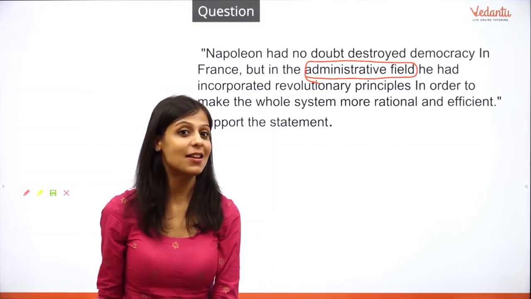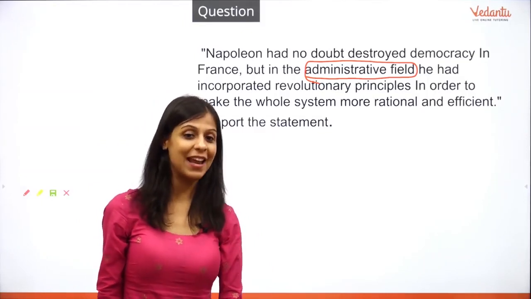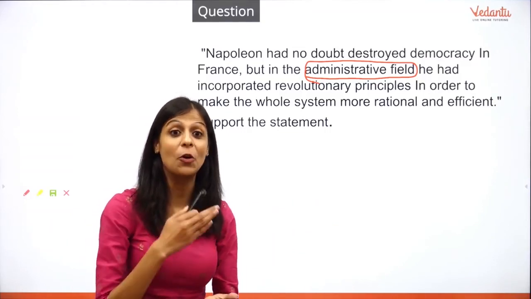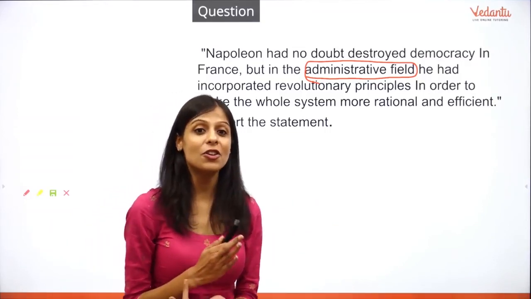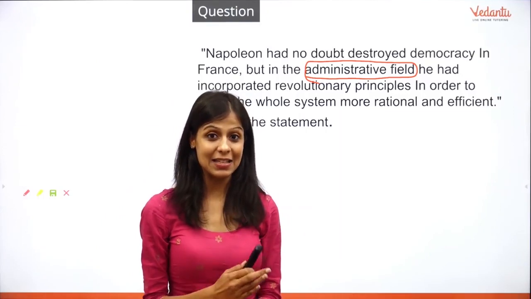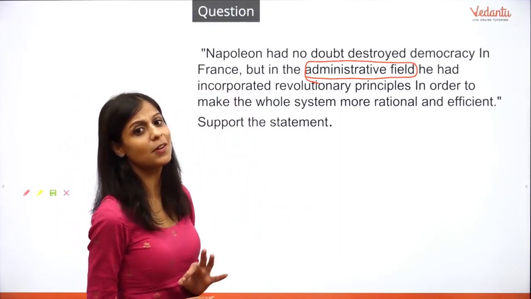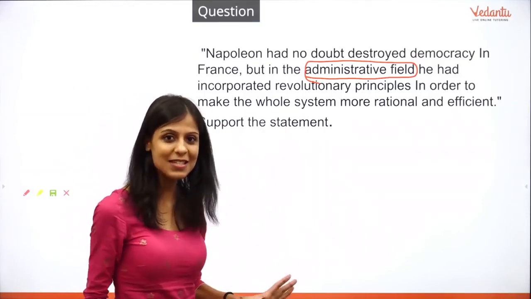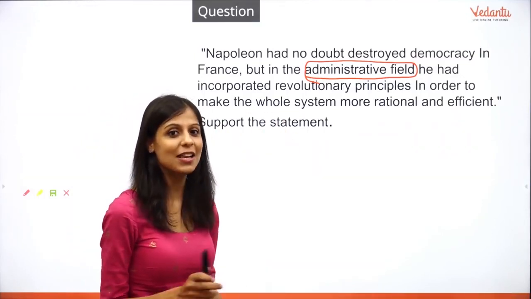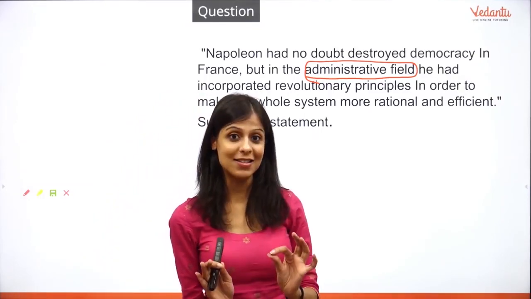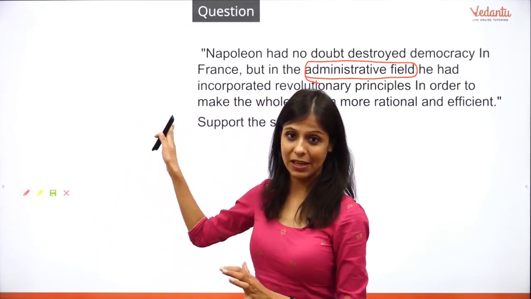Once he was considered a harbinger of prosperity and then he shattered everybody's dream, but he did something good for the people, and we're going to talk about it in this answer: that he had incorporated revolutionary principles in order to make the whole system more rational and efficient. So you have to support the statement given here.